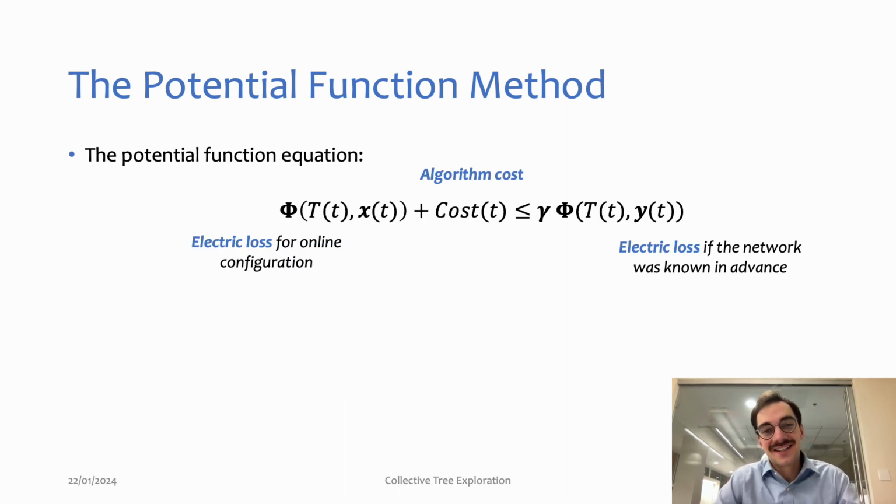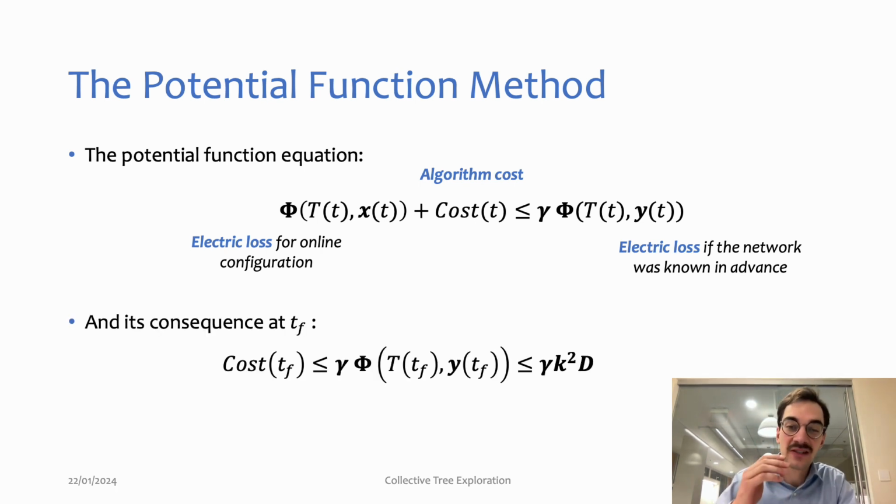In the analysis of any potential function method, you have an equation that looks roughly like this, where you can bound the algorithm's cost by some big potential that evolves continuously with the tree, which is here the electric loss of the network if the tree was known in advance. And the potential also appears on the left to counterweight the moments where the cost is going to increase a lot.